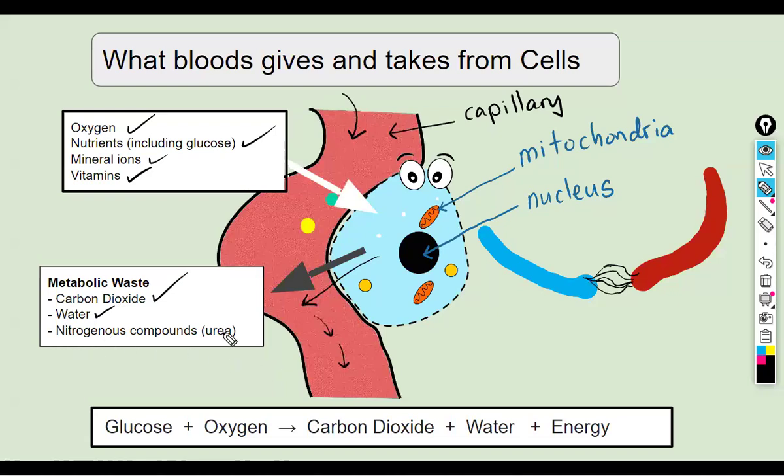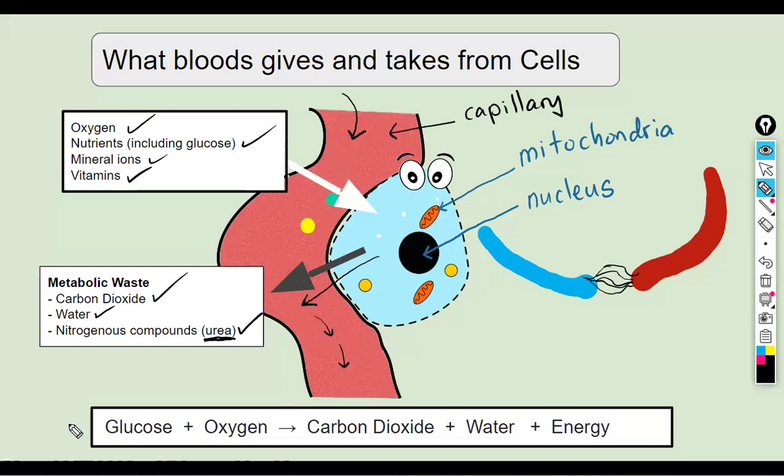And then there's something called urea. Urea is a nitrogenous compound. It's no coincidence that urea resembles the word urine. When you go to the toilet to urinate, you are getting rid of something called urea, which is found in urine.